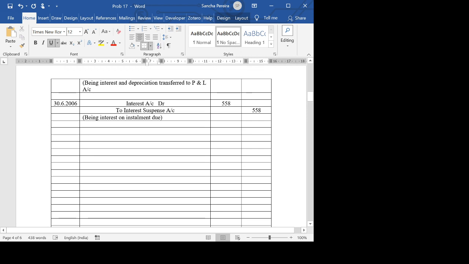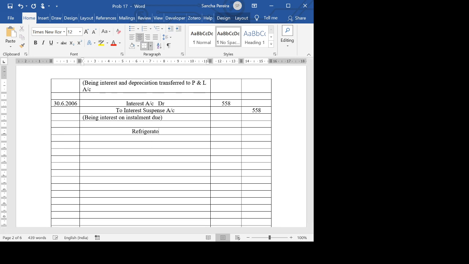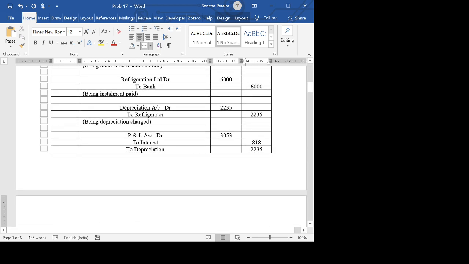Next we move on to the payment of the installment. So it will be Refrigeration Limited debit to bank. Same day. And we know it is 6,000.